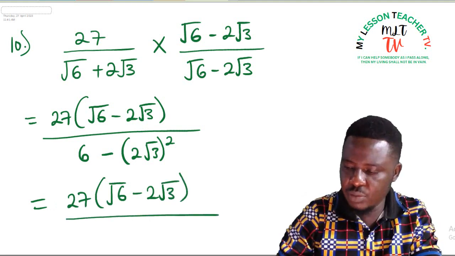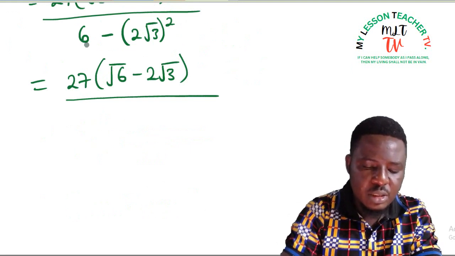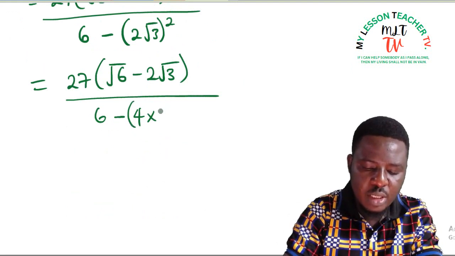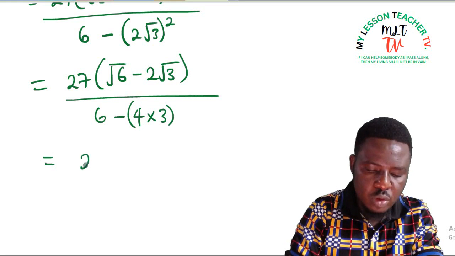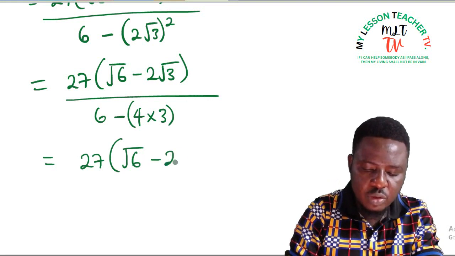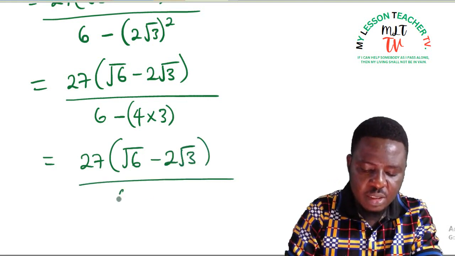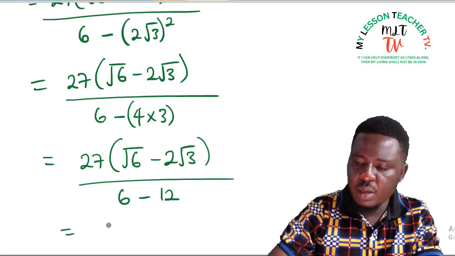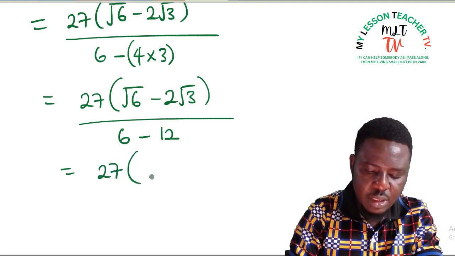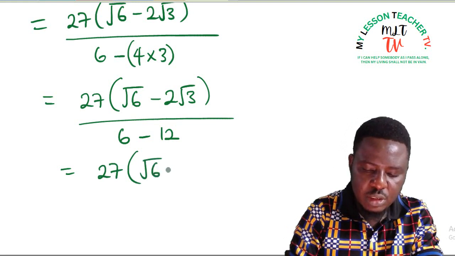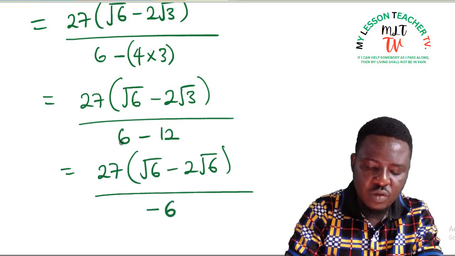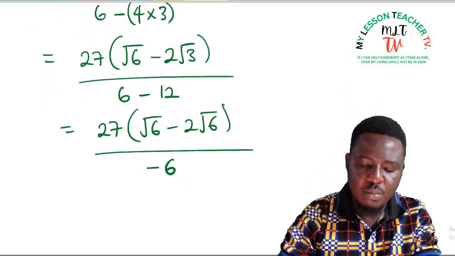I'm going to simplify just the denominator for now. This is 6 minus 2 squared is 4, and root 3 squared is 3, equal to 27 into root 6 minus 2 root 3 divided by 6 minus 12. And 6 minus 12 is said to be minus 6.